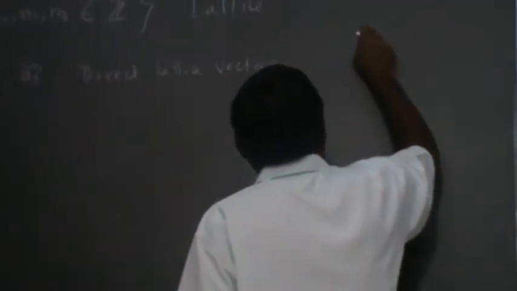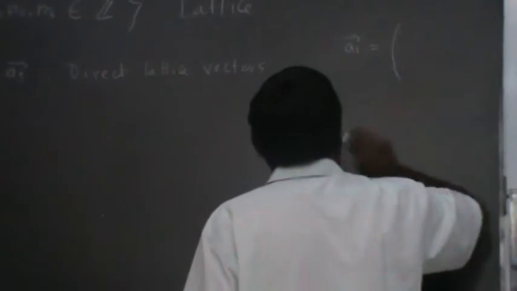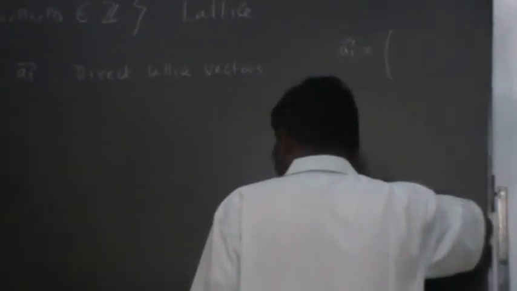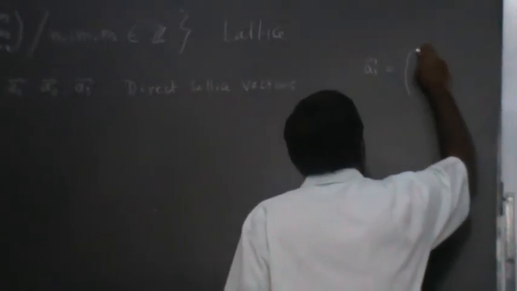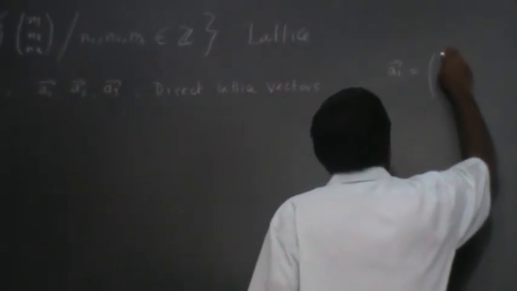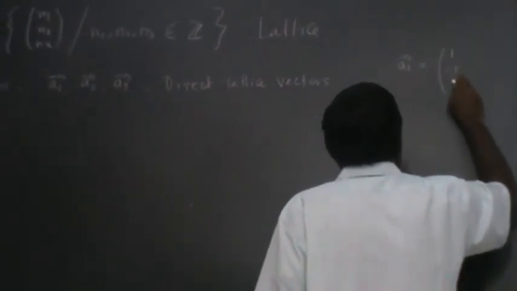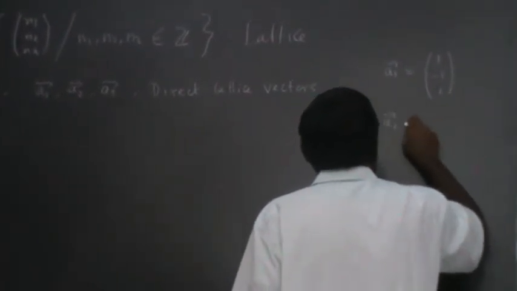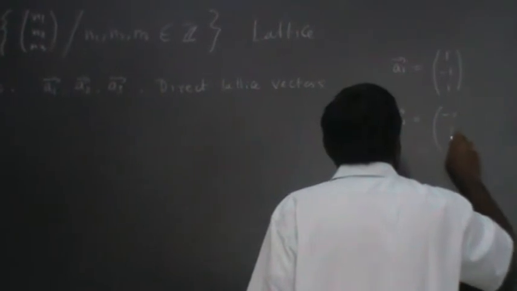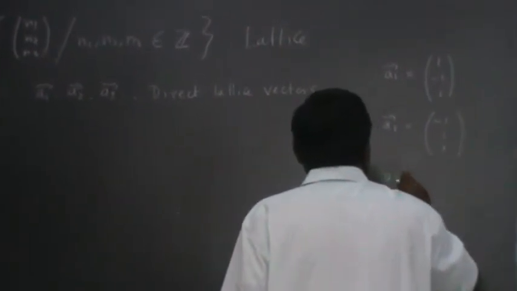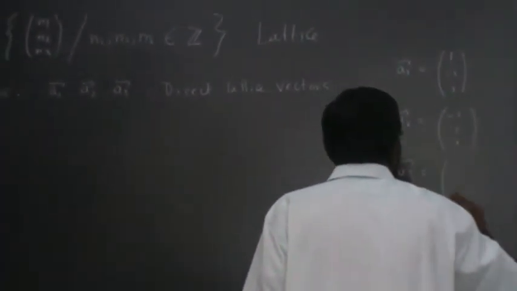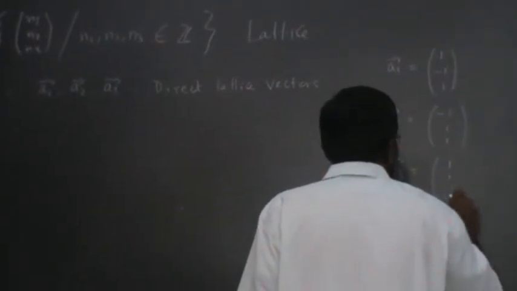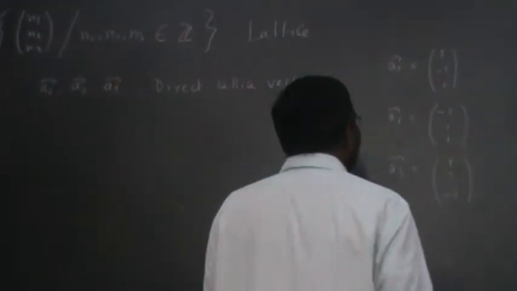For BCC, I think A1 is given by (1, -1, 1), A2 is given by (-1, 1, 1), and A3 is given by (1, 1, -1). Is that correct?